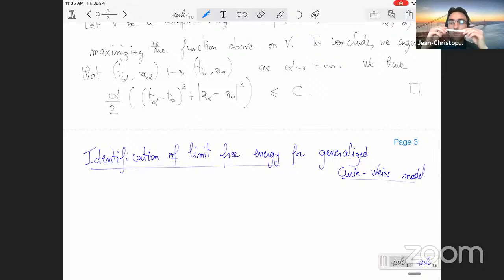All right, so now we have to go back to the setting of the Curie-Weiss model. So there is this free energy, and let's recall that we denote by Fn the free energy.